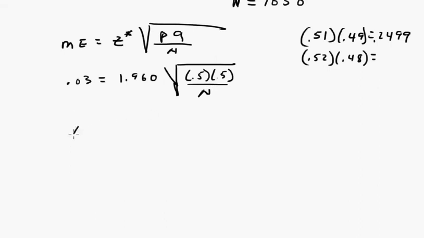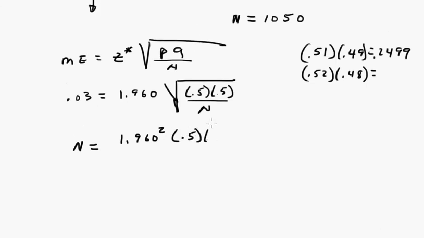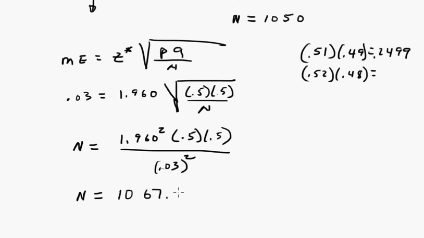So again, n would be 1.960 squared times 0.5 times 0.5 all divided by 0.03 squared, and that's going to be 1.96 squared times 0.25 divided by 0.03 squared, and so I get n equals 1067.1.